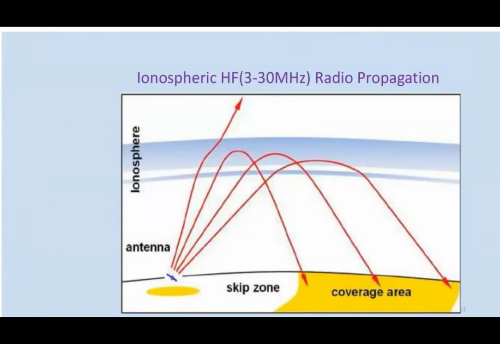As the angle of transmission is changed, some of them pass through the ionosphere, some of them get reflected from different heights and reach different ranges, different distances. So we can communicate over all this area by using transmission at different angles.